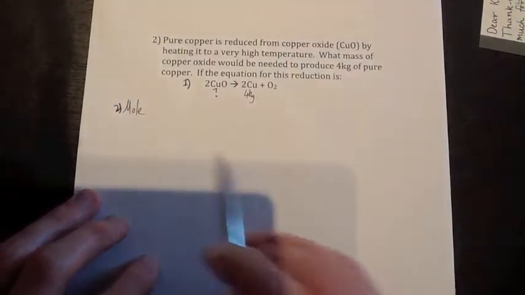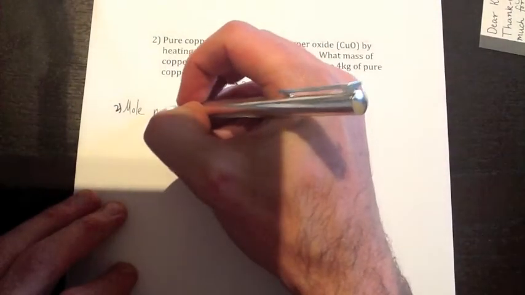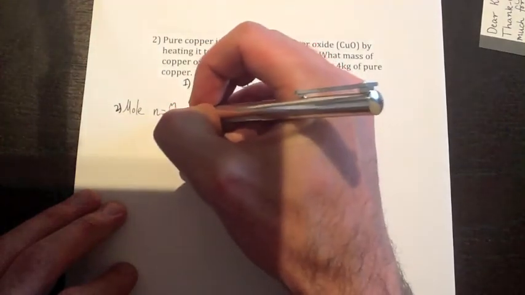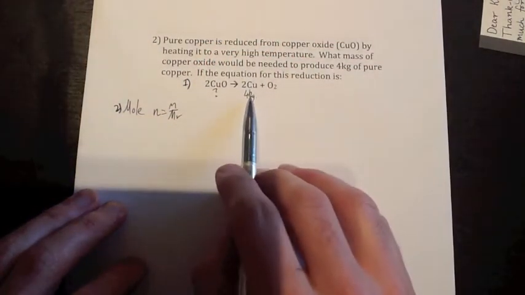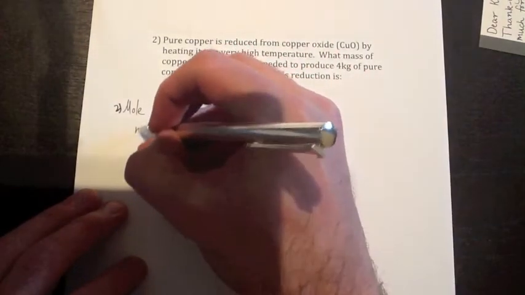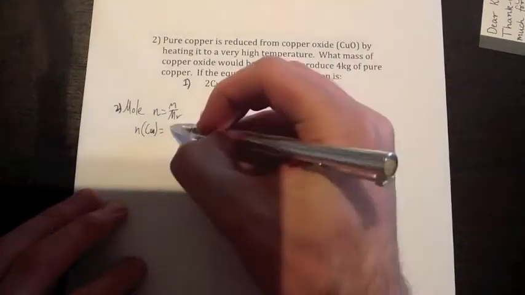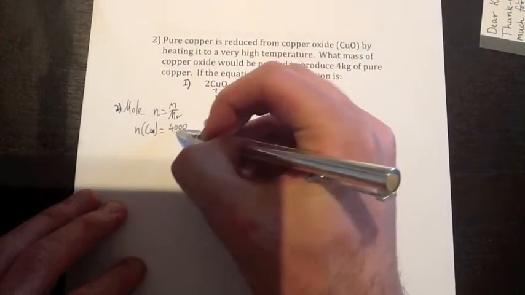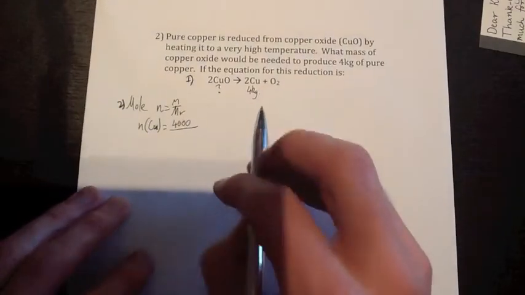Part 2, step 2, calculate moles. We want number of moles equals mass over molar mass. We're given our mass of copper, which is 4 kilograms. So therefore, Cu equals 4,000, because we're going to convert it into grams. For moles, it always needs to be in grams.